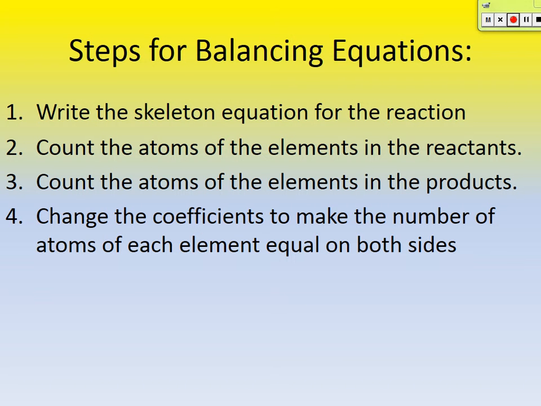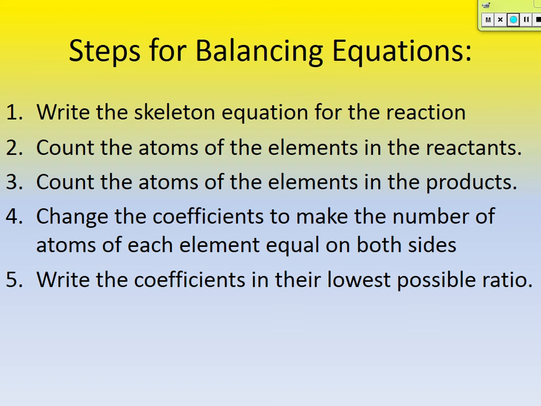Number 4: change the coefficients to make the number of atoms of each element equal on both sides. The reactant side has to equal the product side. Remember the law of conservation of mass? Whatever's on the left, you've got to have that number on the right. And number 5: write the coefficients in their lowest possible ratio. What's another way of saying that? You've got to reduce the coefficients.